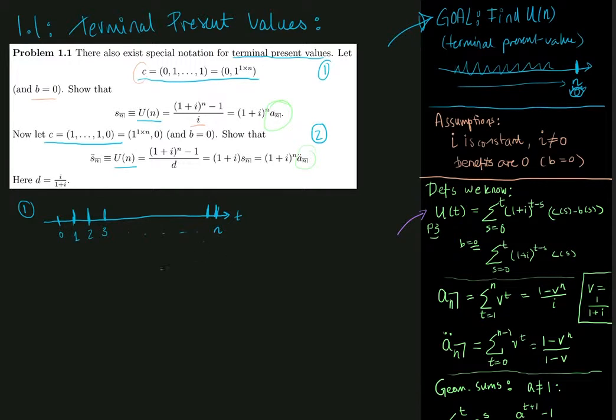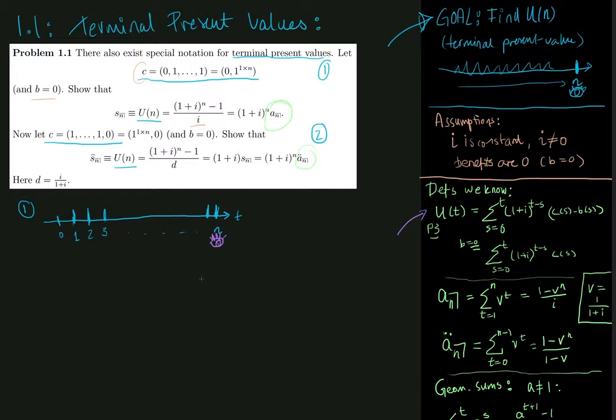So let's take a look. We want to find the present value of this payment stream at time n. So we're standing at time n and we're considering what the value is at time n of all of the past payments, including the payment that has occurred at time n.